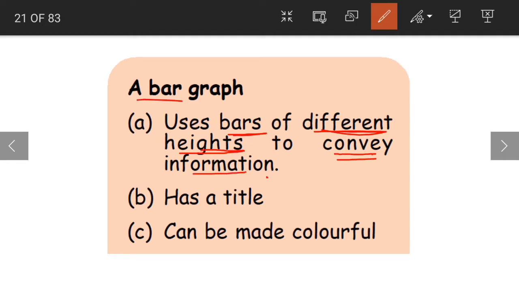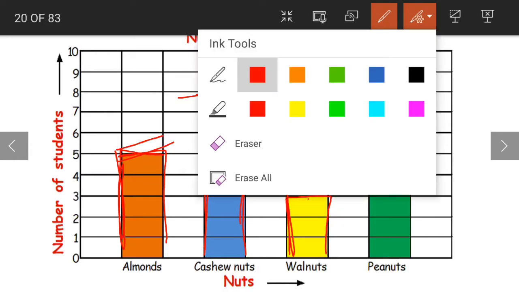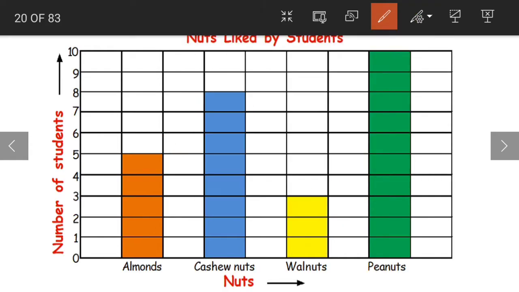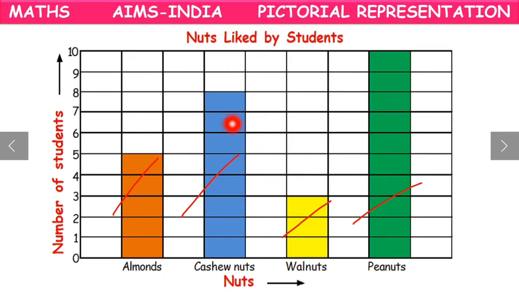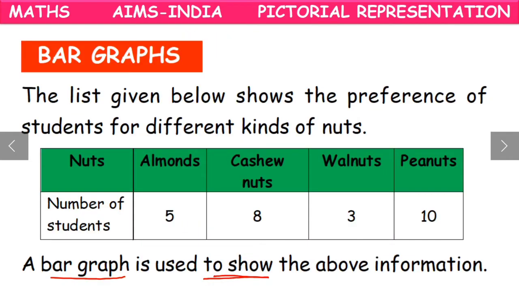That means to represent the information. Again, a bar graph also has a title, and a bar graph can be made colorful. See how colorful is our bar graph? We have orange, blue, yellow and green colors. So a bar graph uses bars of different heights to present the information. It has a title and it looks interesting because it can be made colorful.